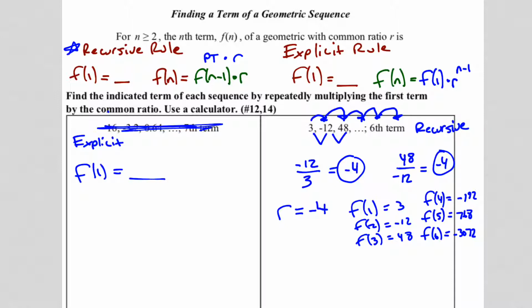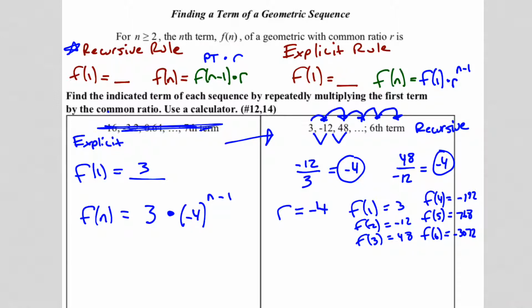What's the first number in the list of numbers? At least if we're talking about this sequence over here, it's 3. And so let's plug in the formula. It's basically going to be 3, which is what f of 1 is equal to, times r. We know r is -4, to the n minus 1 power.